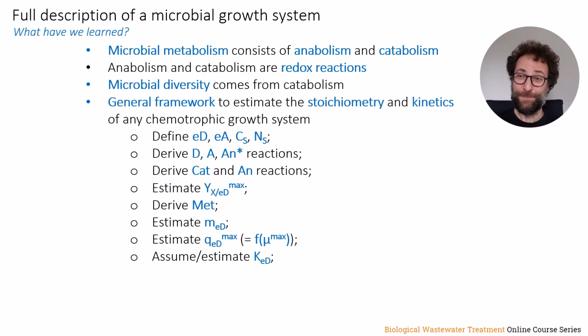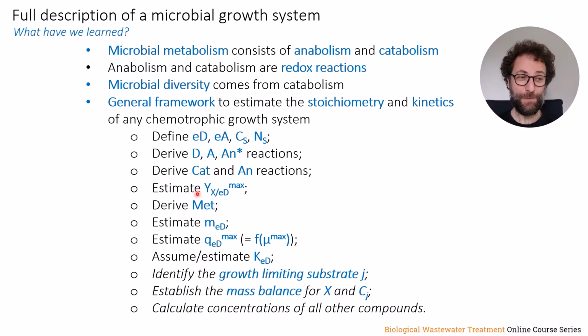In this outlook, I want to give you a feeling of what we will do next and how we can use all this that we derived to then identify the growth limiting substance J in any given situation. Based on this, establish the mass balance for biomass and the growth limiting compound, and then, depending on the conditions we impose, calculate the concentration and their dynamics of all other compounds.